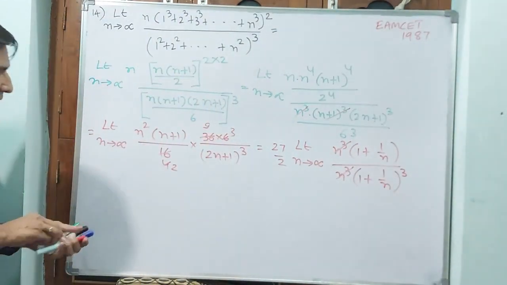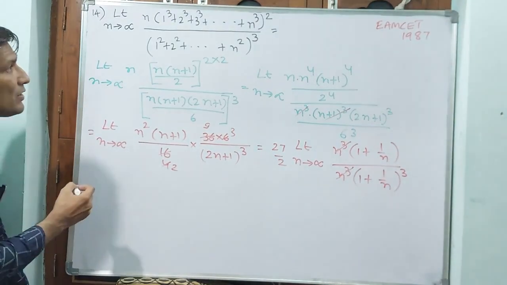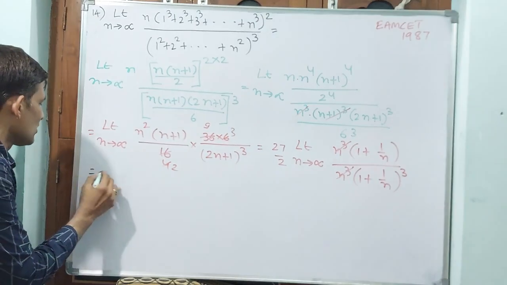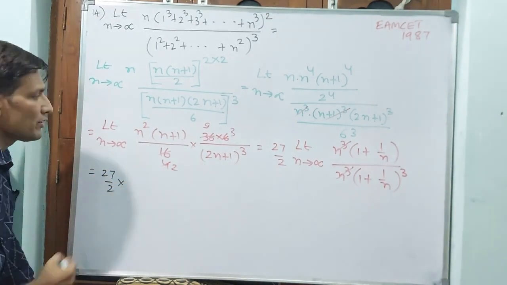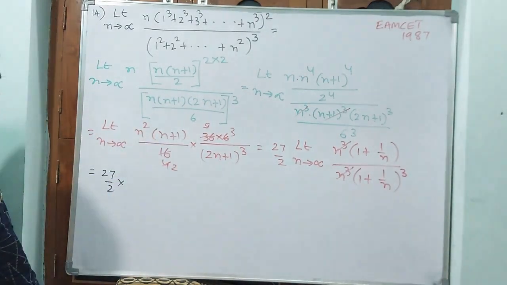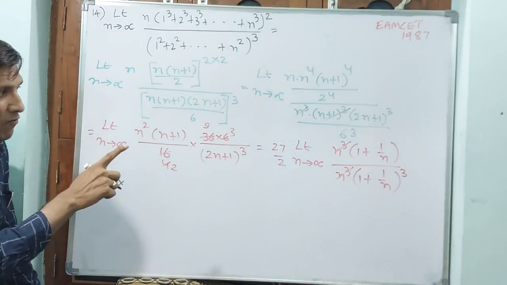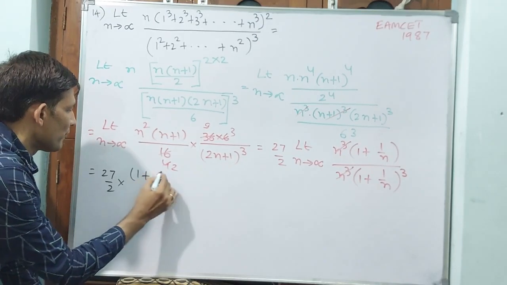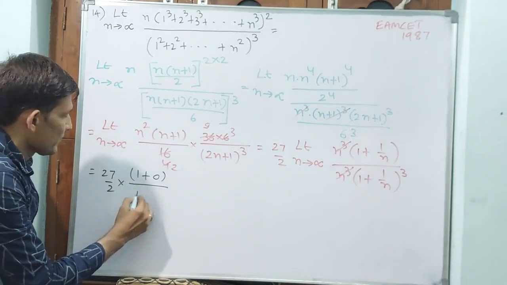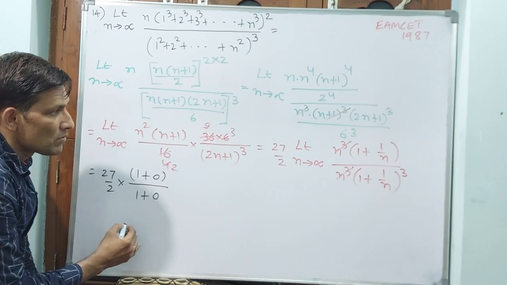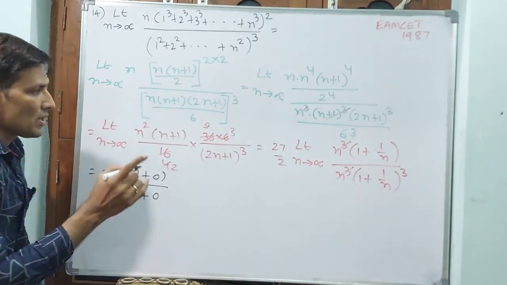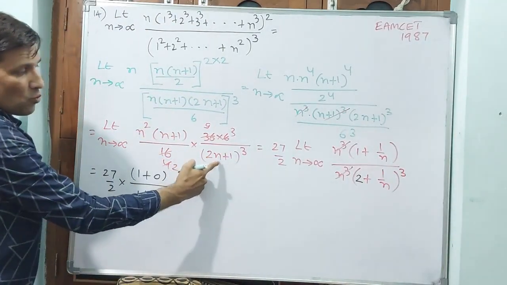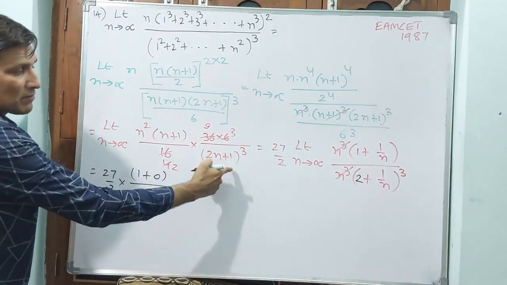Now you apply the limit. You can apply the limit, but outside 27 by 2 is still like that only. Write down 27 by 2 into, if you apply limit you should not write 1 plus 1 by infinity, write down 1 plus 0 divided by 1 plus 0, sorry this is 2. 2n is there, n cube you have taken, but 2 plus 1 by n will come.